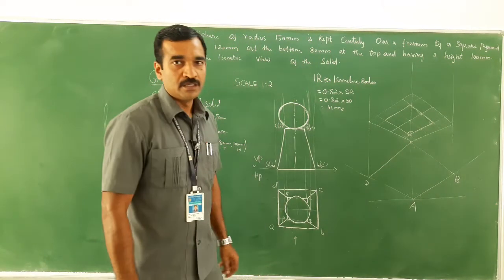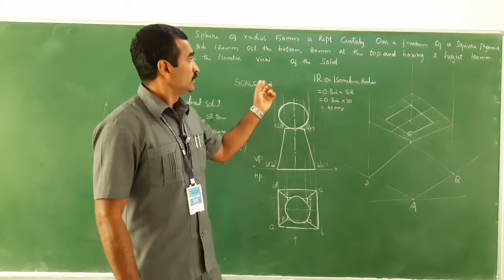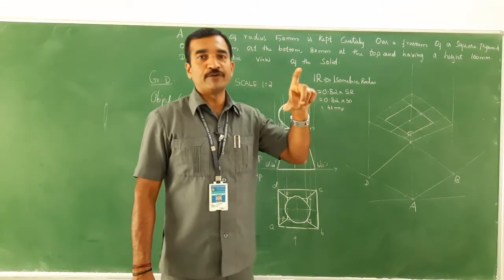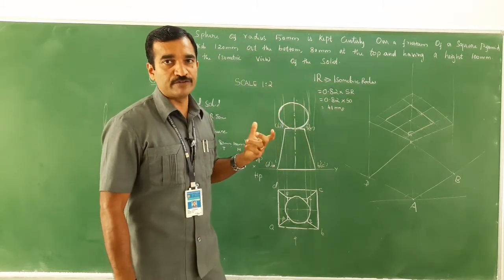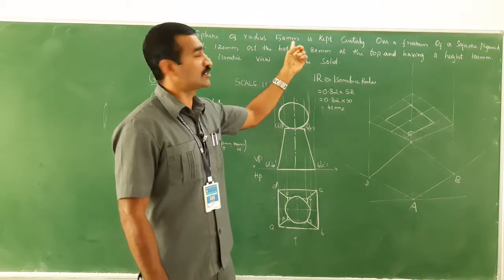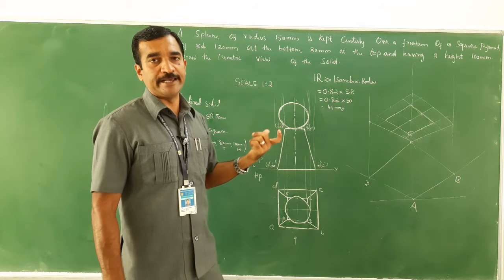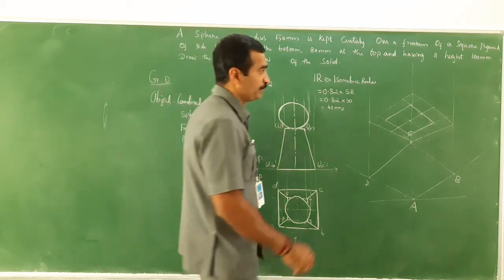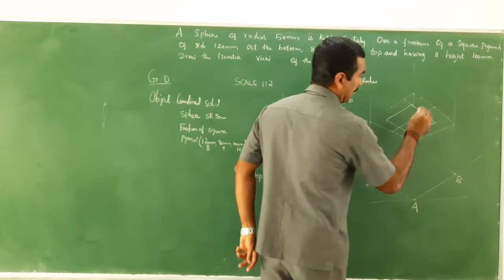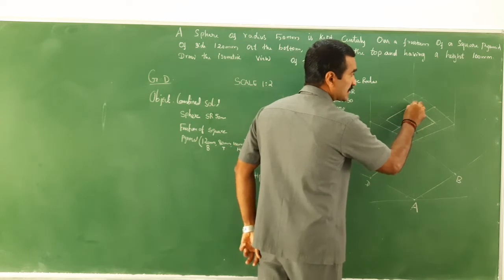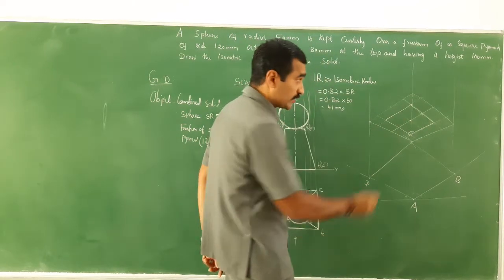Right. Now take a radius of 25 mm. Why radius 25 mm? Because here the radius is 50 mm, and since I have considered the scale, half of the radius is 25 mm. Keep the compass at this center, not this one.